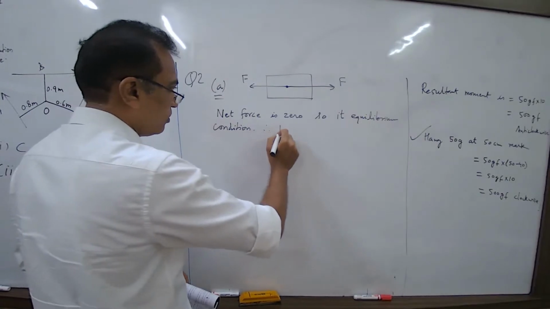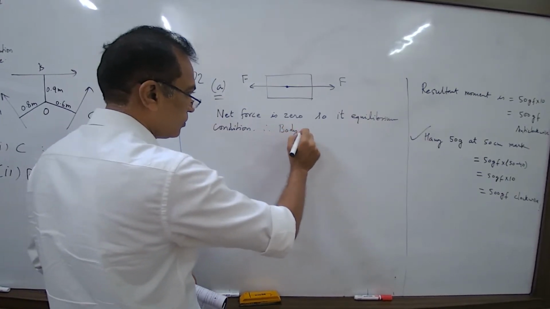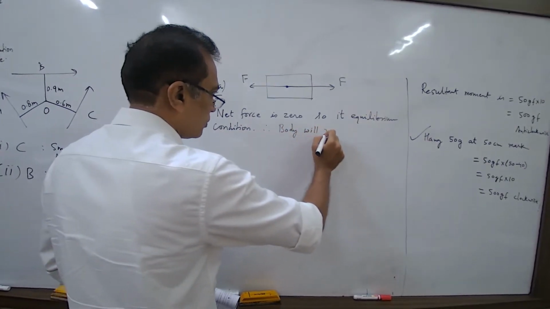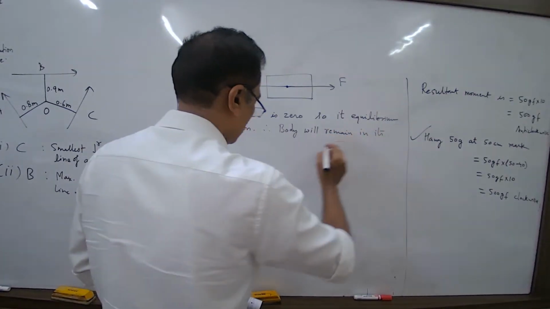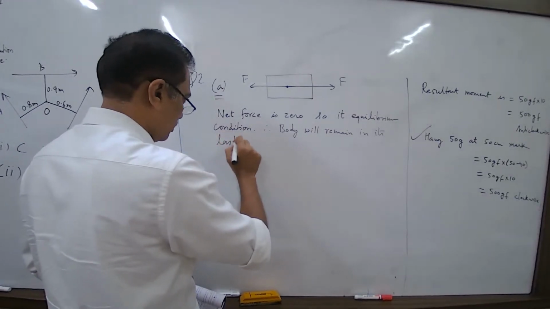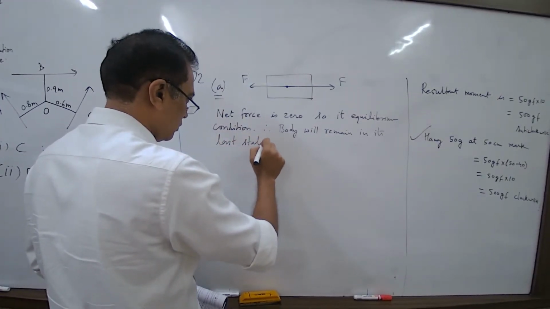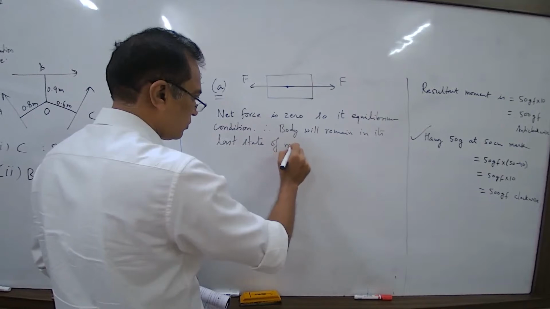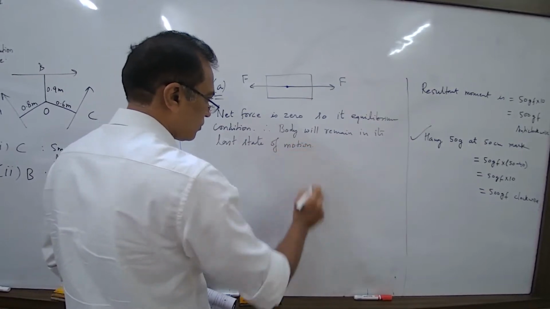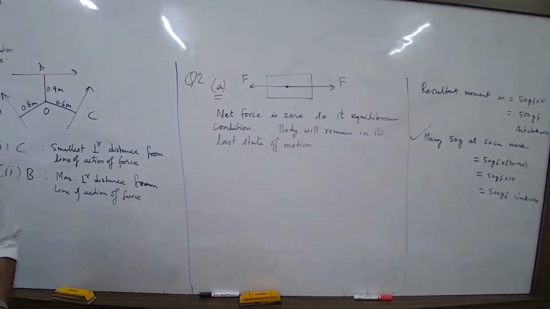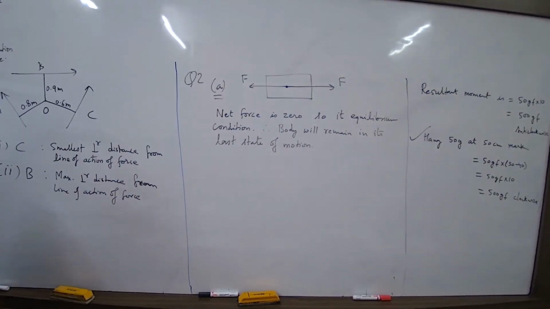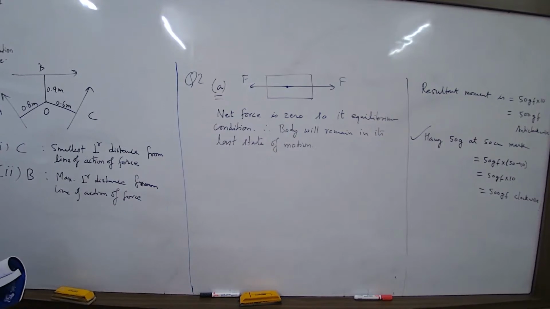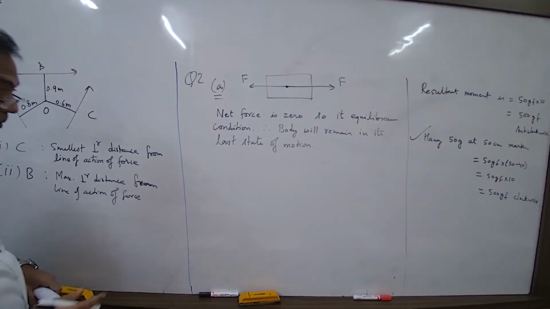Therefore, the body will remain in its last state of motion. If it was at rest, it will remain at rest. If it was in uniform motion, it will remain in uniform motion.